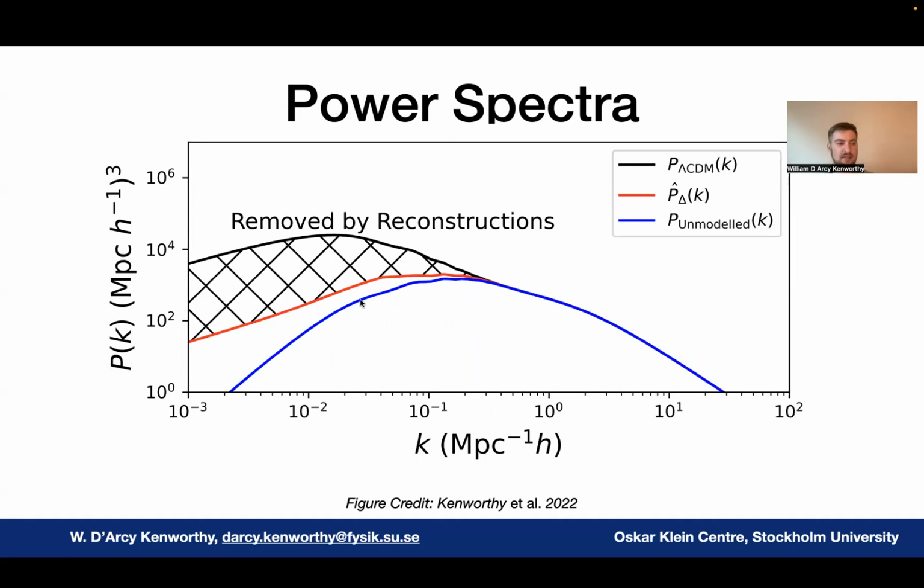We take the differences of these and add the power spectrum of that difference to the power spectrum that is unmodeled. And we use this power spectrum in red to compute the expected covariance between the Cepheid galaxies in our sample. And we can remove all of this stuff that's crosshatched out of our uncertainty budget.